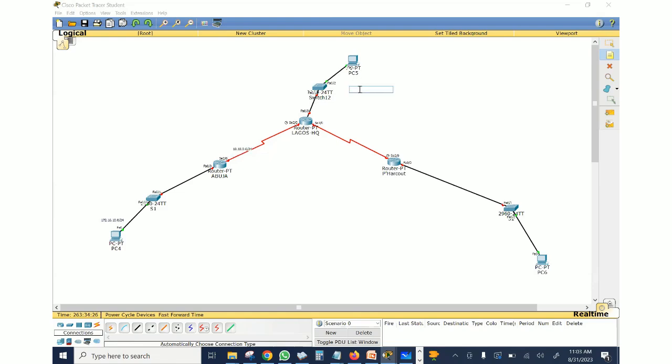Okay, we said this place is 172.16.20.0/24. And we said this place is 10.10.10.0/24. So once you are done labeling, just click this arrow button or you press escape button.